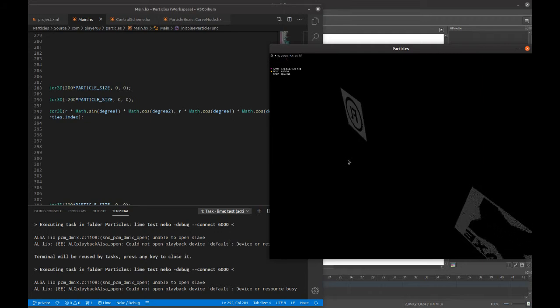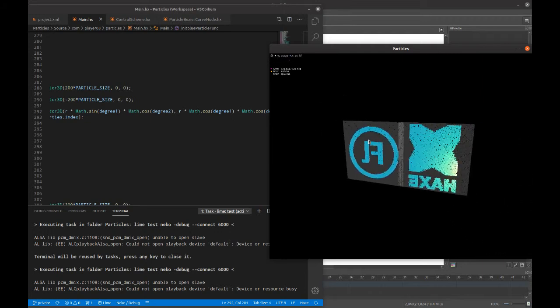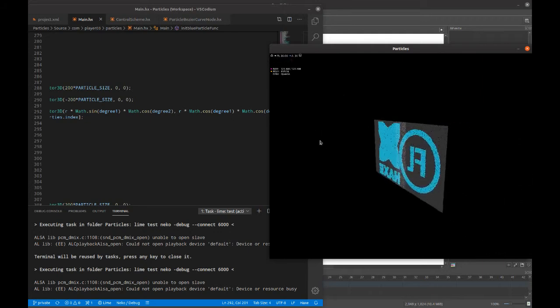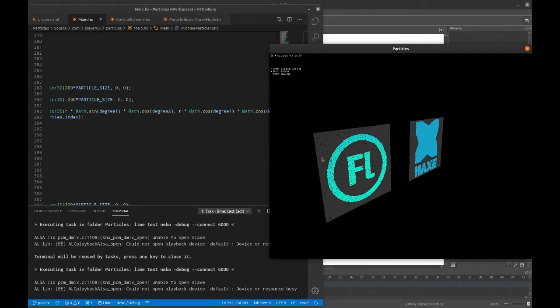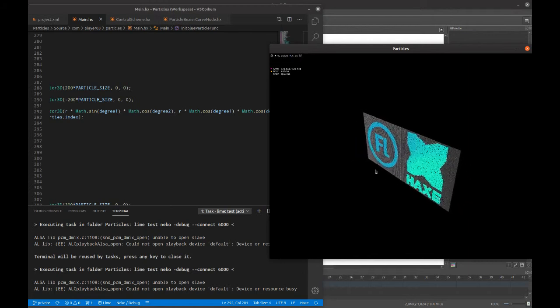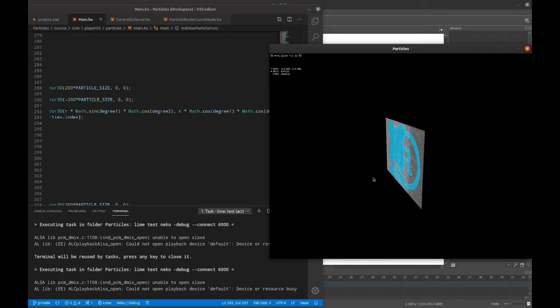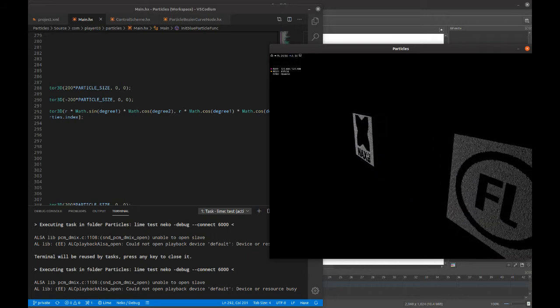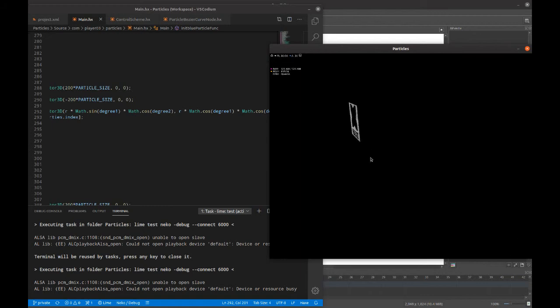Okay, so without this randomness... Ooh, yeah, this is actually very useful. Oh! Oh, I get it. They are always sort of in the shape of the image.